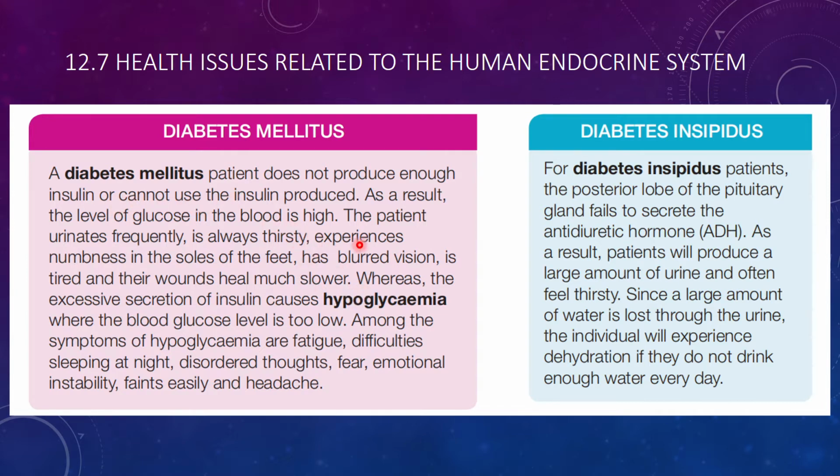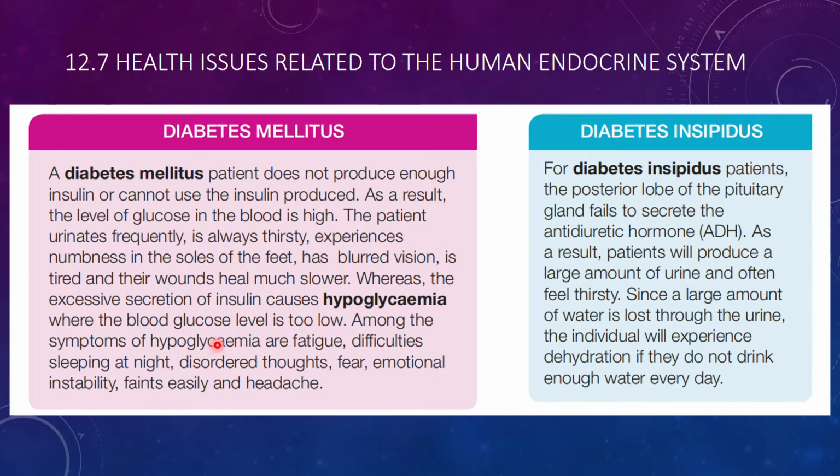But the opposite can happen. That means when there is excessive secretion of insulin, this condition is known as hypoglycemia. So that means the patient is always having a very low blood glucose level. And this is also dangerous because it seems like they are not having enough meals.